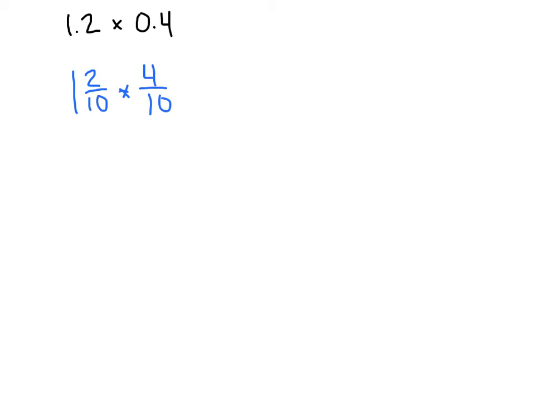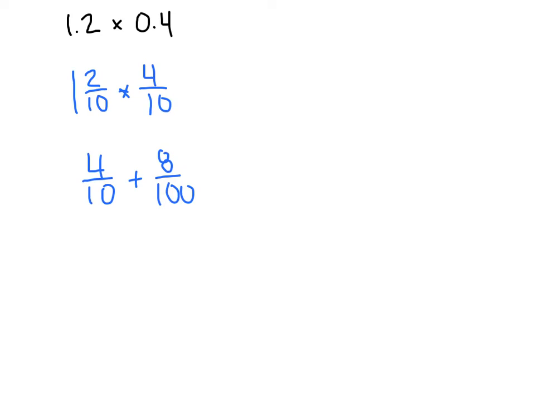And using the distributive property, I can do 4/10 times 1 plus 4/10 times 2/10. So if I do that, 1 times 4/10 is just 4/10, and 2/10 times 4/10 is 2 times 4, which is 8 hundredths.